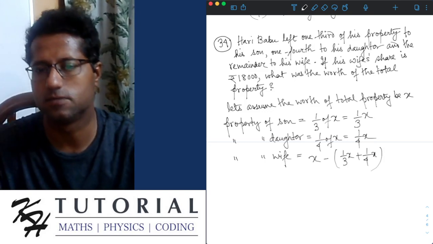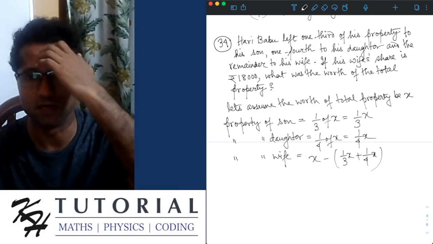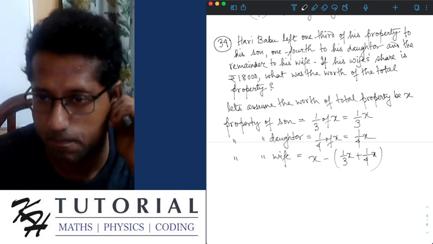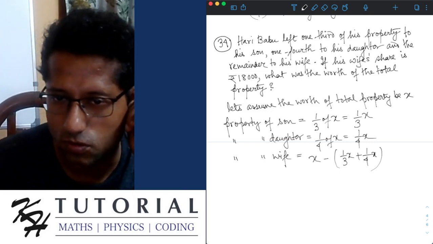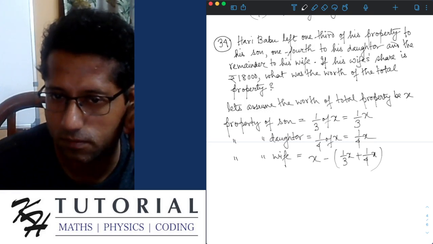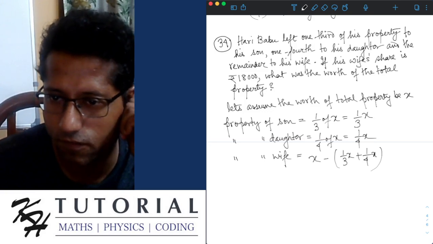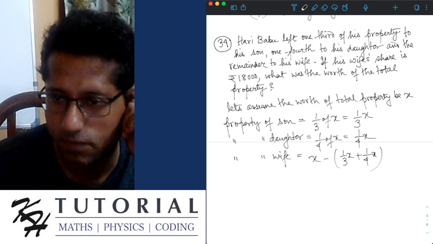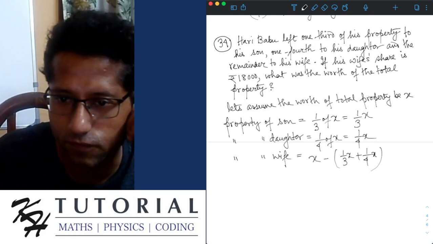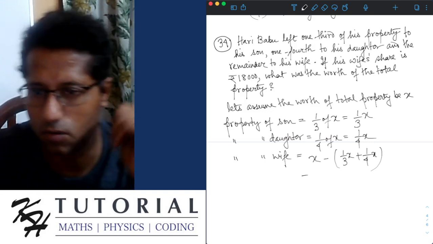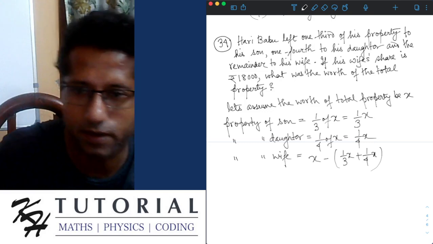So 1/3 x is the share of the property of son and 1/4 x is the share of the property of daughter. So what is remaining? The total property was x, so what is remaining is x minus the sum of 1/3 x plus 1/4 x. We are not simplifying it right now.